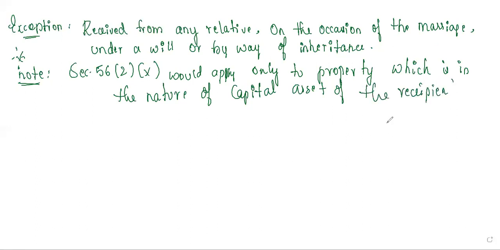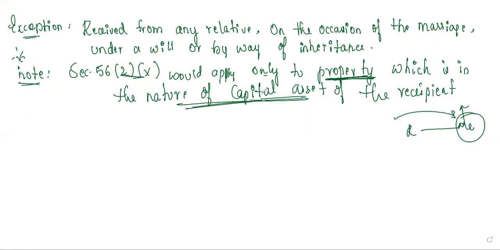Suppose my relative gives it to me, then I am called the recipient. So this section applies only to property which is in the nature of a capital asset. If it is a capital asset, then only this section will be applicable to me as the recipient of that particular asset. Is there any doubt in this?